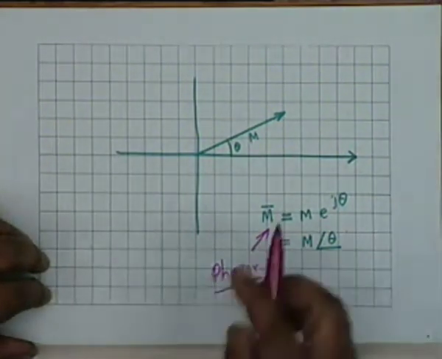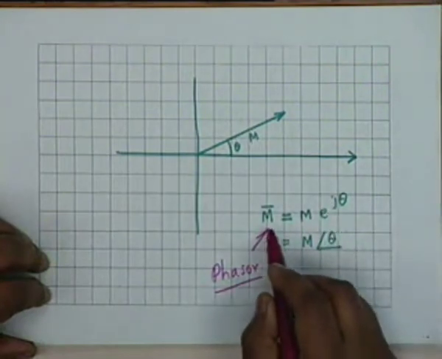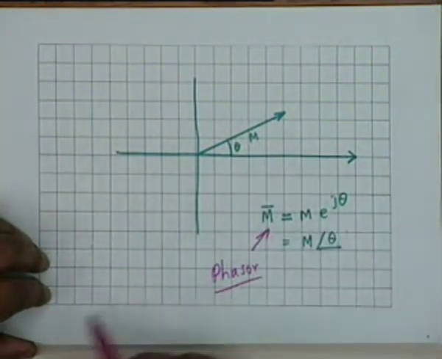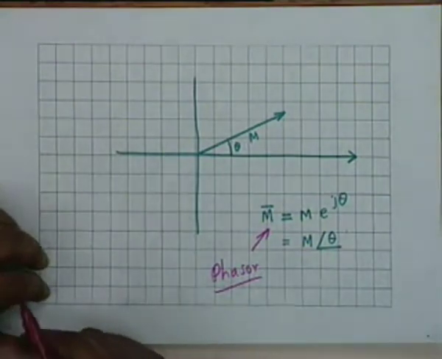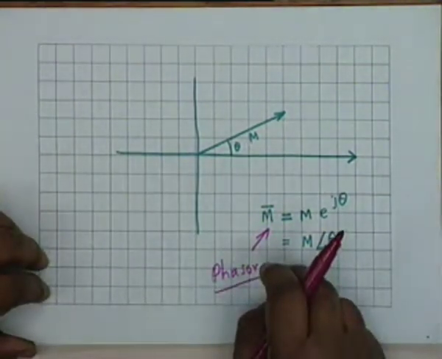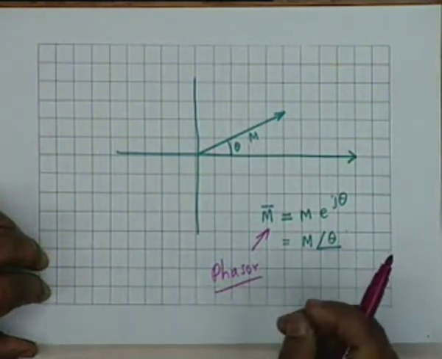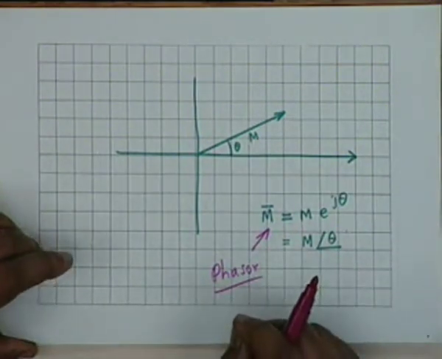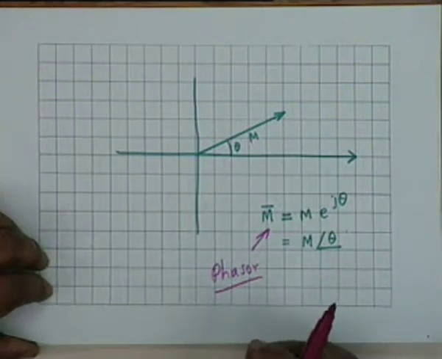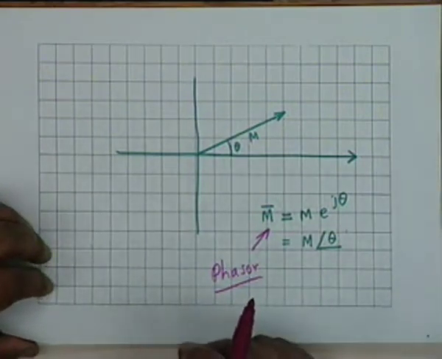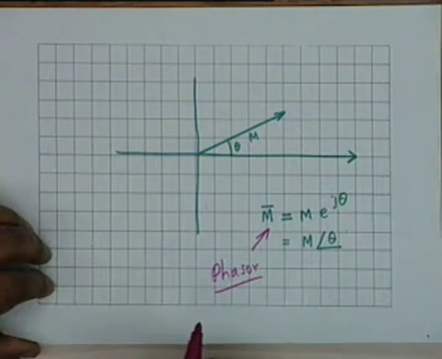And so we are combining the two, getting a representation of a complex quantity in terms of a phasor. In this context, a vector is replaced by the word phasor, but phasor has a special interpretation and connotation, or let's say a convention in the case of electric circuits, which we shall come to in a moment.